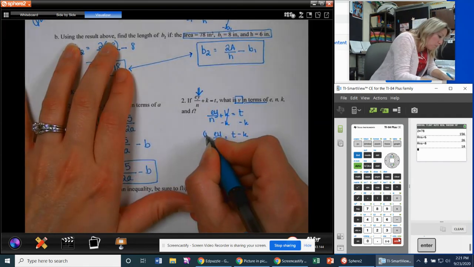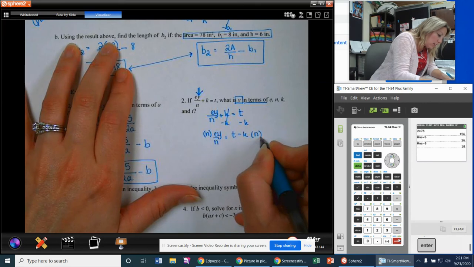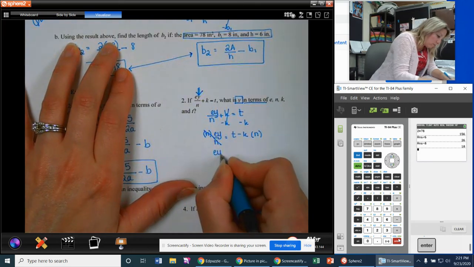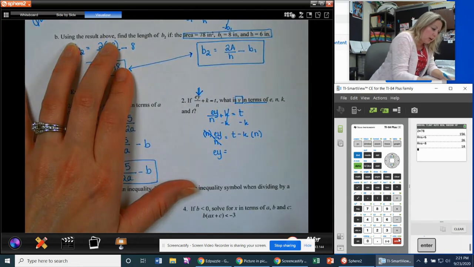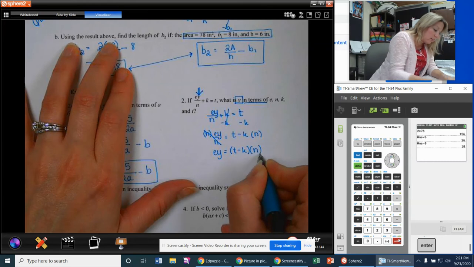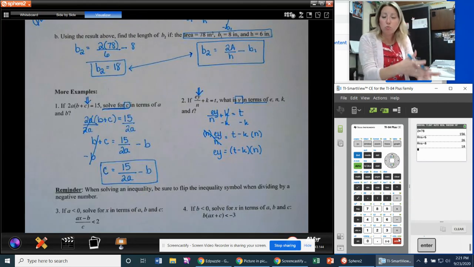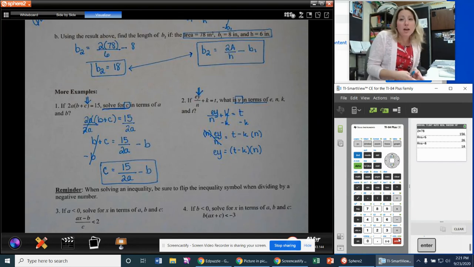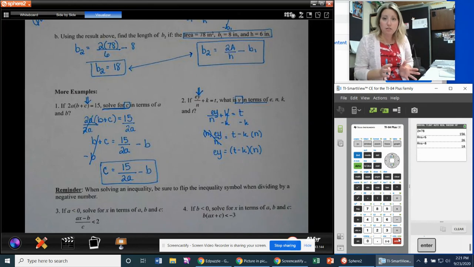Just multiply both sides by n. There is no need to panic about that. Now you've got ey alone. And on this side of the equal sign, you've got this t minus k being multiplied by this n. So if you want to distribute that n, you can. And if you want to leave that n where it is, you can. Either of those is fine.